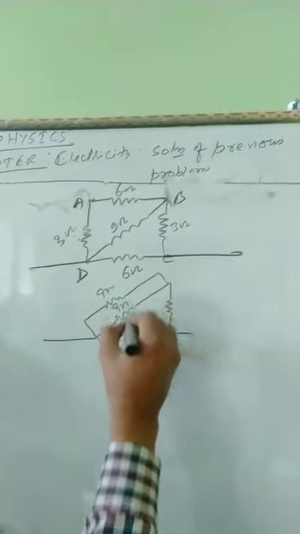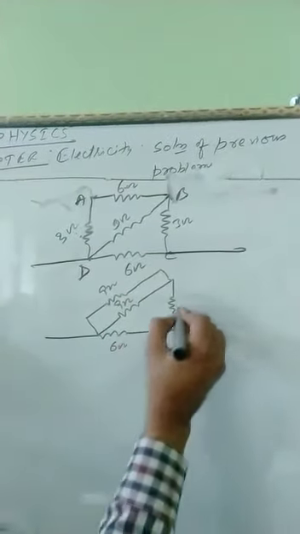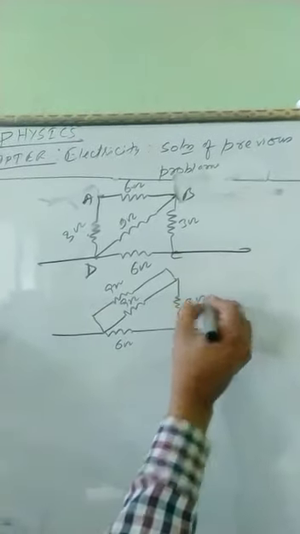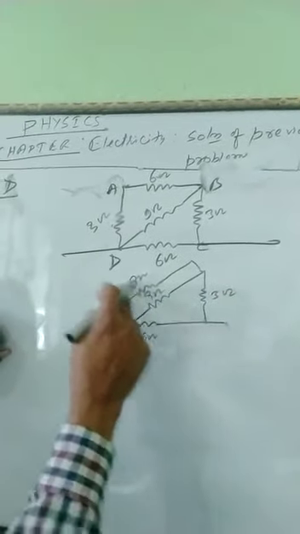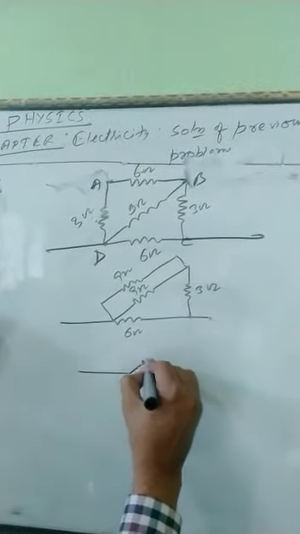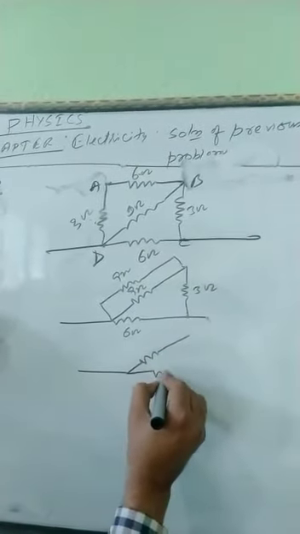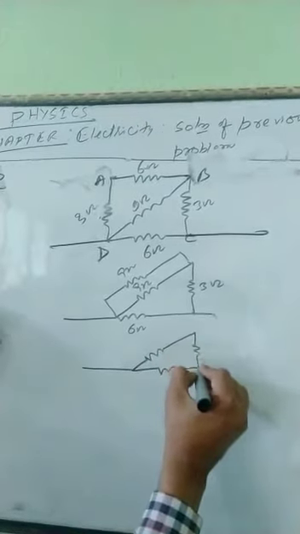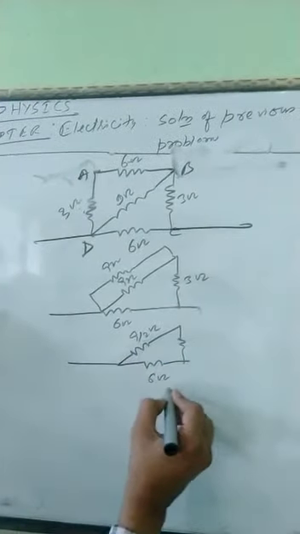This is also 9 ohm. This is 6 ohm and this is 3 ohm. 9 and 9, both of these are in parallel, therefore it will be 9 by 2 ohm, and this is 6 ohm.